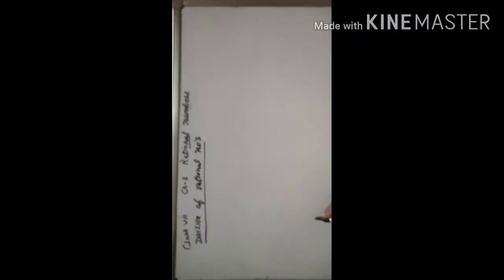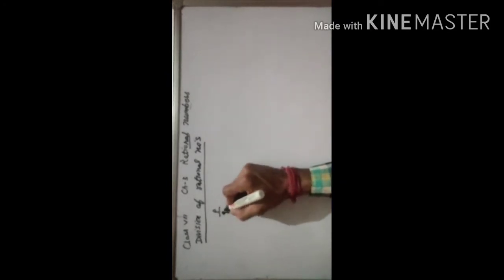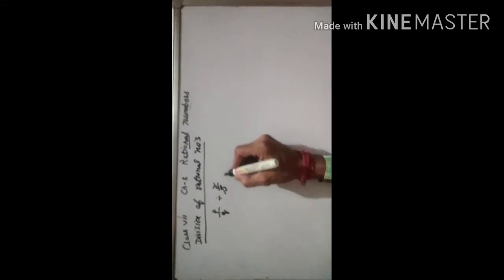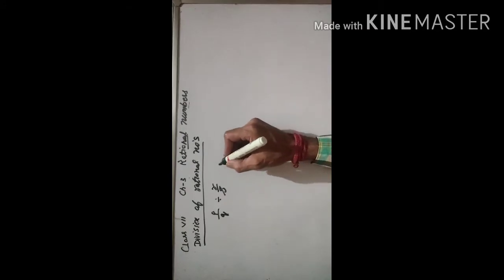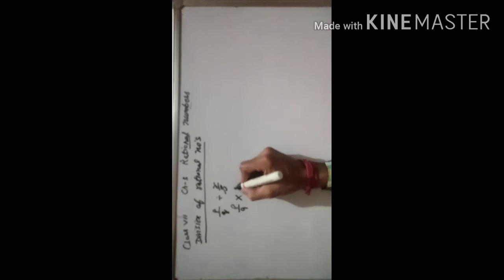Next is division of rational numbers. Suppose we have to divide p by q with r by s. To do so, first we keep p by q, we change the division sign into multiplying, and take the reciprocal of r by s, which is s by r.